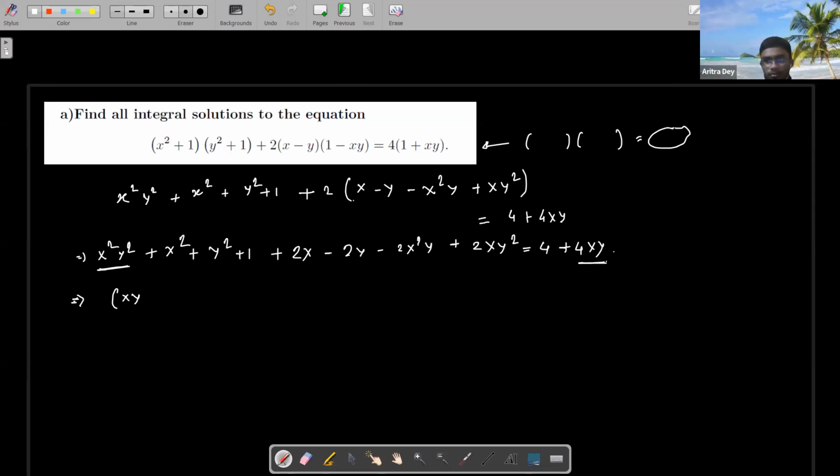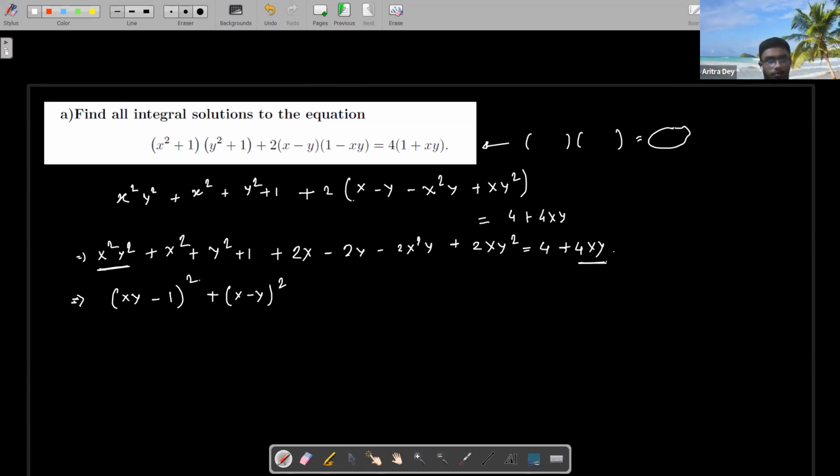Exactly. So here is x, here is xy, because here is x square y square. Take minus 1 and take its square: (xy minus 1) square, and then plus (x minus y) whole square. Maybe it's coming out, right? Here is an x and here is a y.